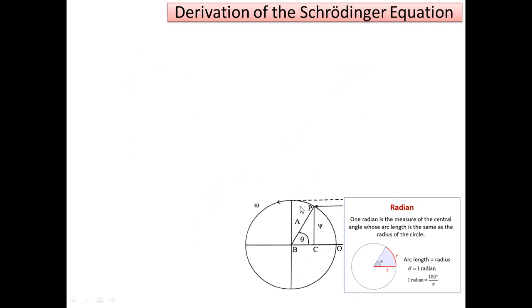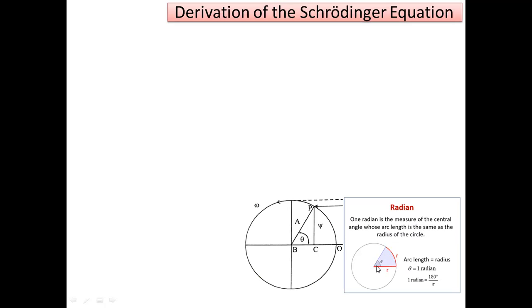Now, this is the same circular movement which I have explained, and here the theta is going to be used as radians, so theta is 1 radian. How can you explain it? 1 radian is the measure of the central angle whose arc length is the same as the radius of the circle. So what does it mean?